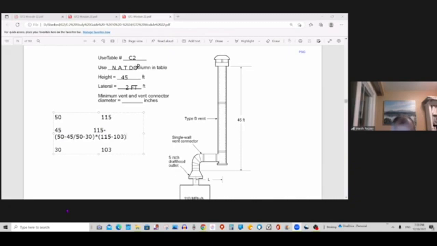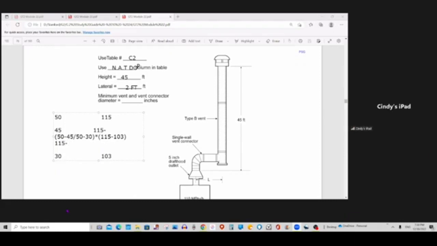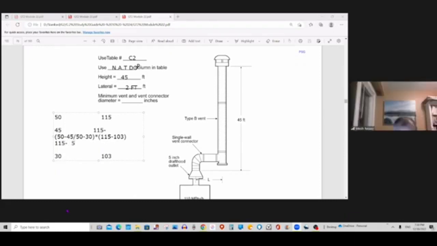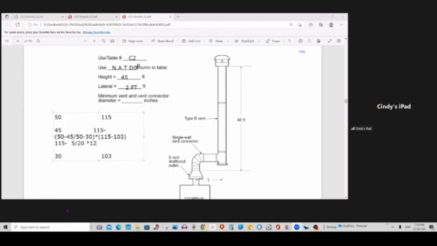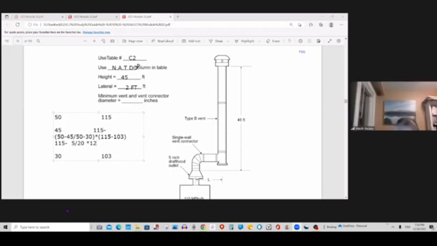So 50 minus 45 is 5, and 50 minus 30 is 20, times 12. 5 times 12 is 60, and 60 divided by 20 is 3.